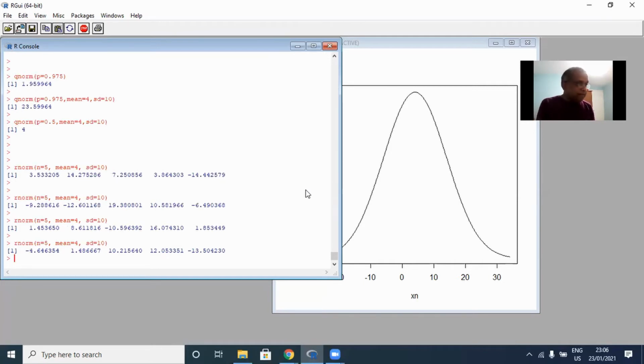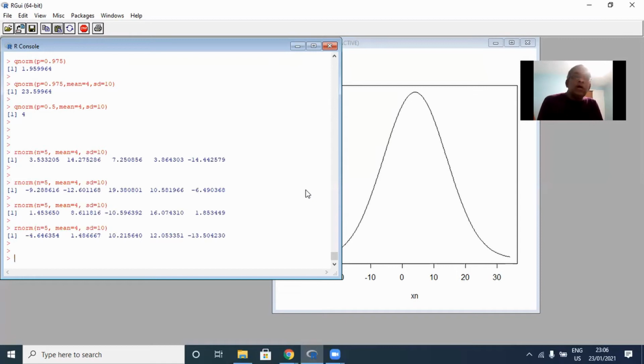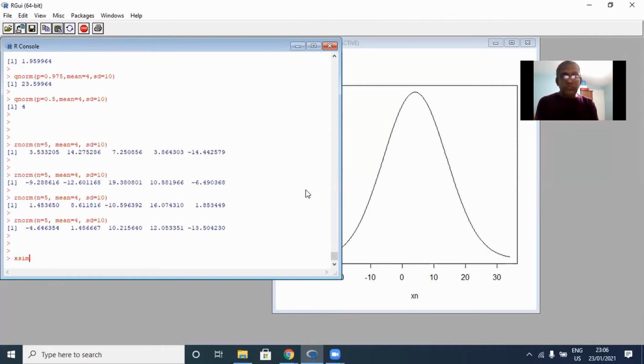All right, the next thing I'm going to talk about is how to fit a normal distribution or any other distribution to a histogram. So let's create a data set. I'm going to simulate a data set from a gamma distribution. rgamma means generate random numbers from a gamma distribution of size 100.